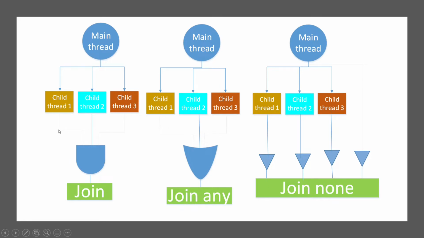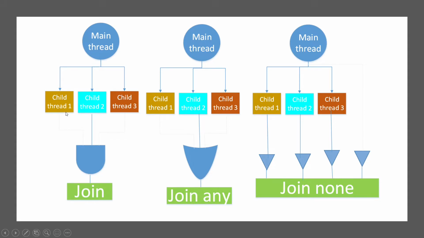So let's look at the logical representation of the fork join. How does it really work? Now I have child threads 1, 2 and 3 present here. If you use a fork join, it forks from the main thread and executes these three threads.